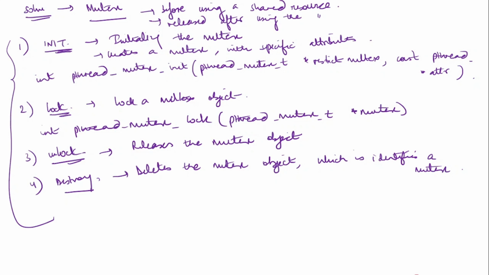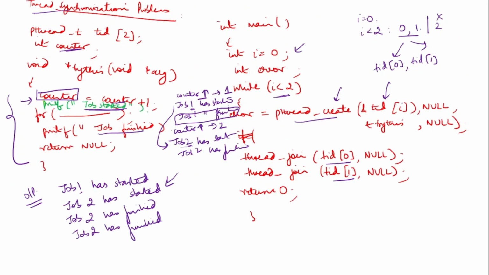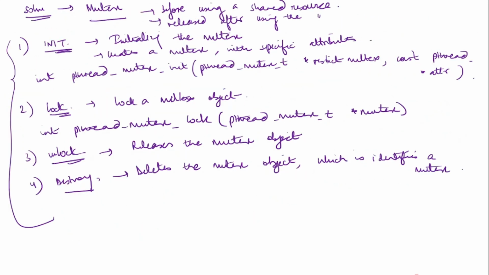Now if I see this previous program, how can I change it using the mutex mechanism and ensure thread synchronization? Again we'll be using all these four functions which would help me to achieve thread synchronization.